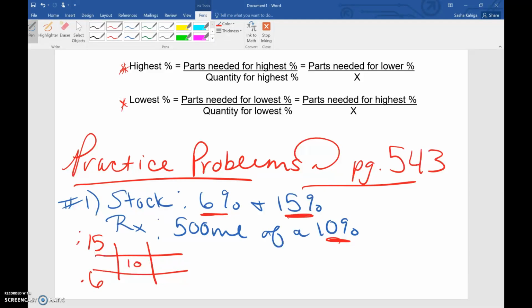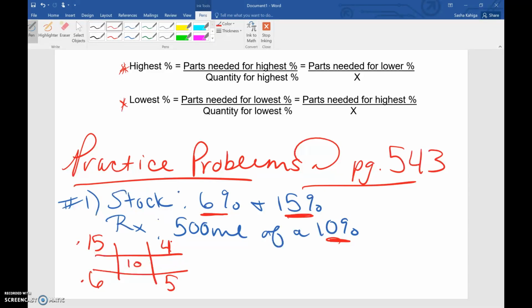So now that I know it's set up correctly, I'm going to subtract diagonally. 15 minus 10 gives you 5. And 6 minus 10 gives you, of course, a -4, but keep in mind that when solving alligation problems and subtracting diagonally, you keep them in absolute value. So it's going to be a +4.